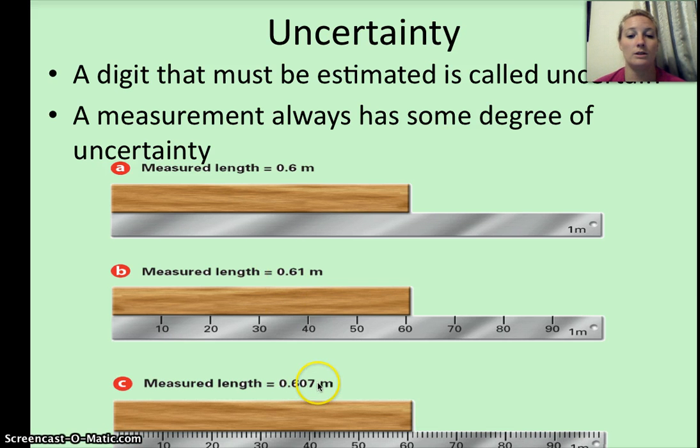And this one, 0.607, plus or minus 0.001 because that's the place you estimated. This doesn't always have to be to that estimated part. Sometimes you're really uncertain about your measurements, so you change what this is. However certain you are, that's the uncertainty that you would add to it.